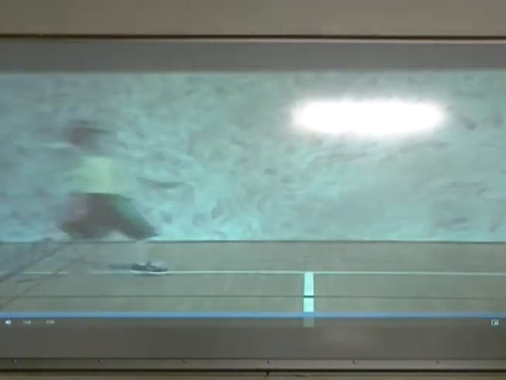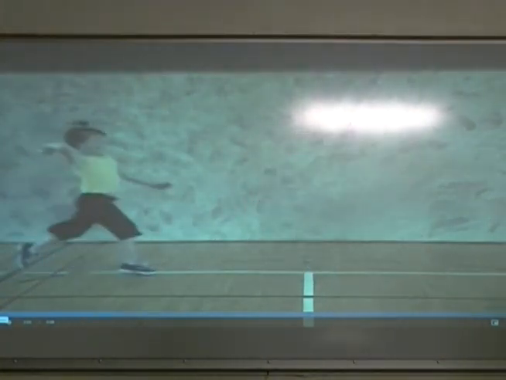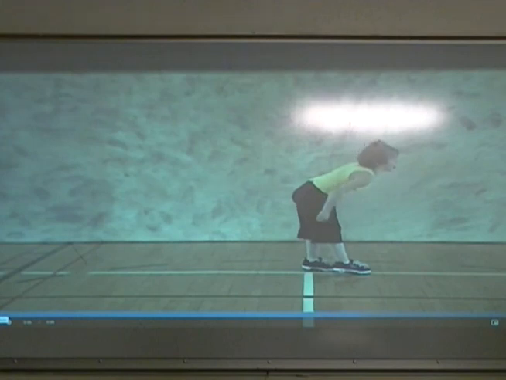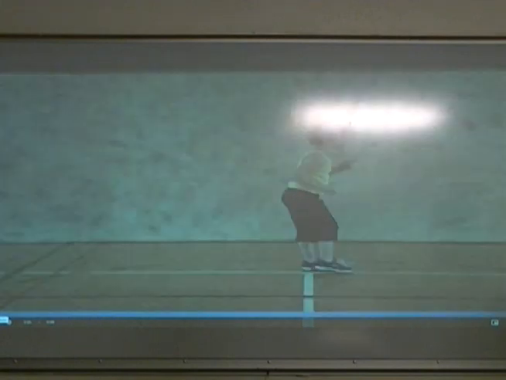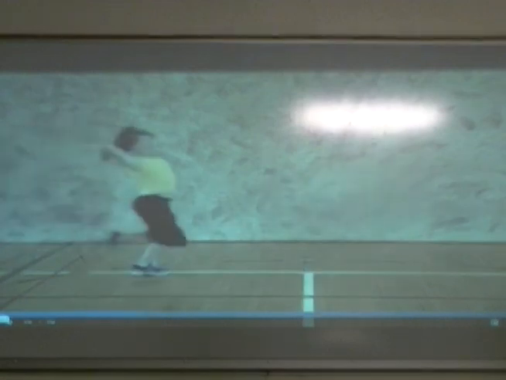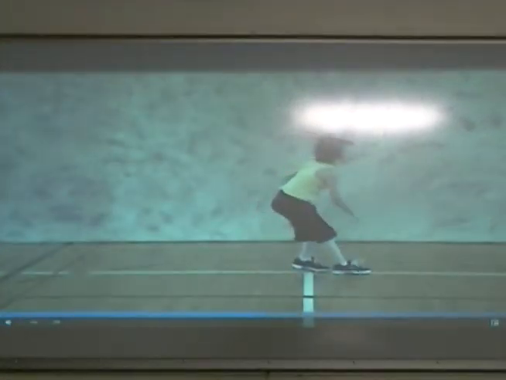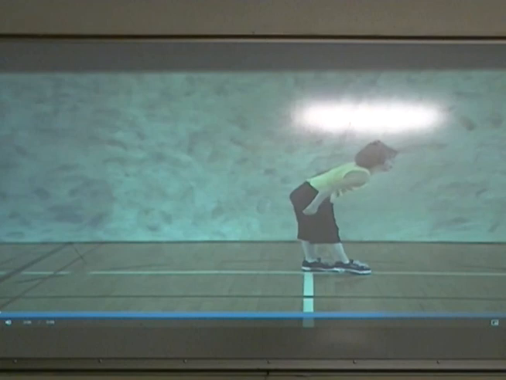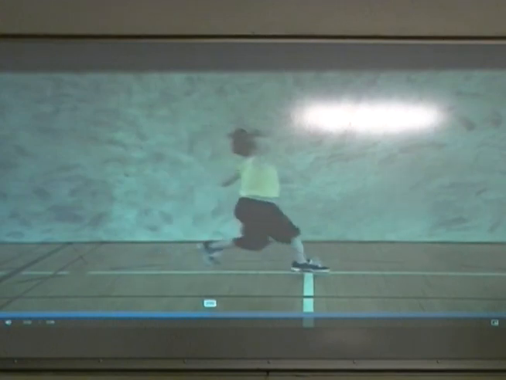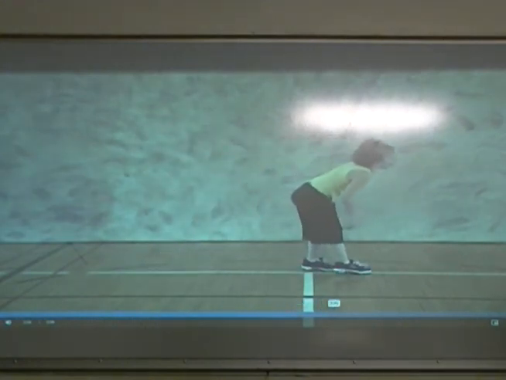And then the last one, number 4, throwing hand follows through after the ball release across the body toward the hip of the non-throwing side. It kind of starts and then it comes back again.